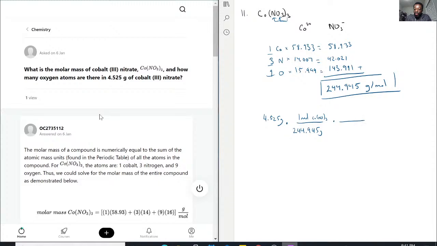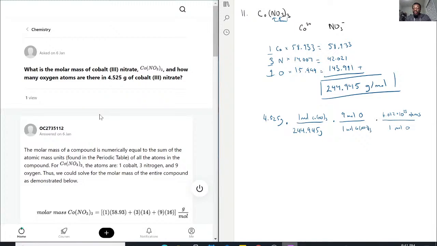And now for every 1 mole of cobalt NO3, we have 9 moles of oxygen, because as it shows here, 9 of O. And now, this is where we factor in Avogadro's number. For every 1 mole of any element, but in this case is oxygen, we have 6.022 times 10 to the 23rd atoms.